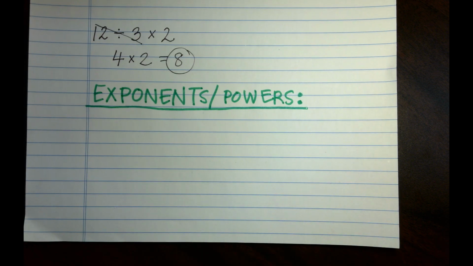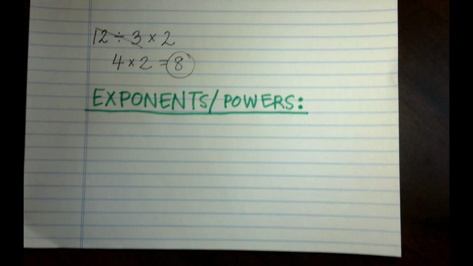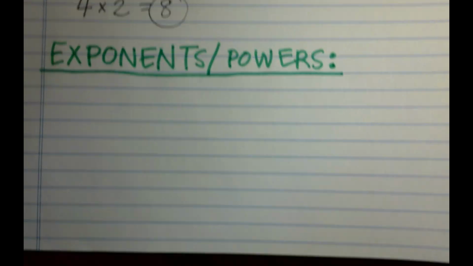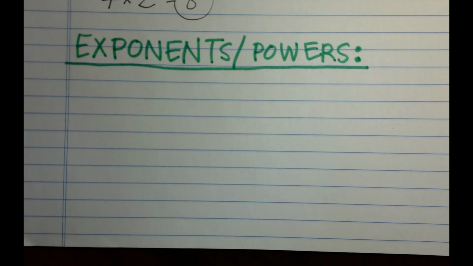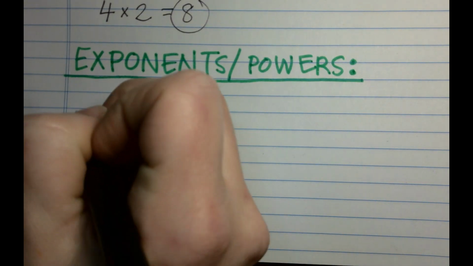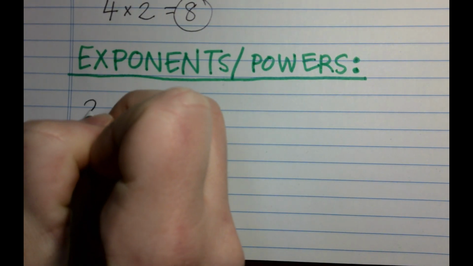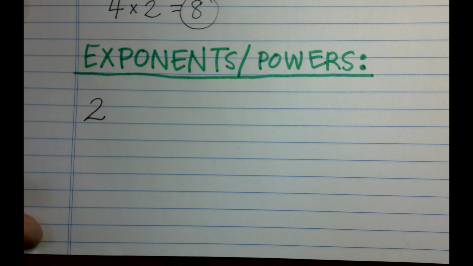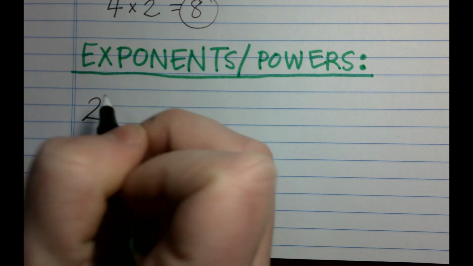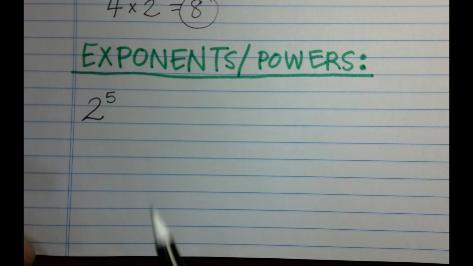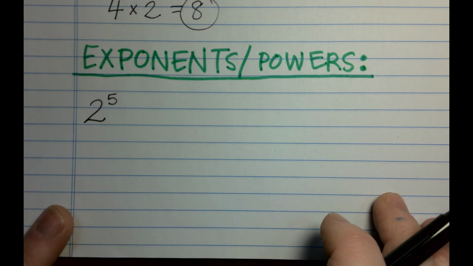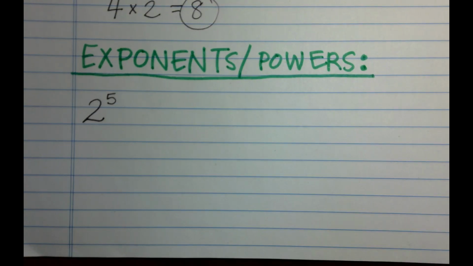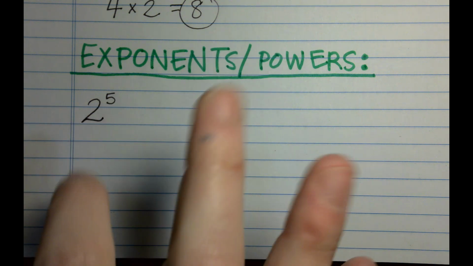So, here is an example of a problem with an exponent. I've got 2, and then I'm going to put a 5 up here.